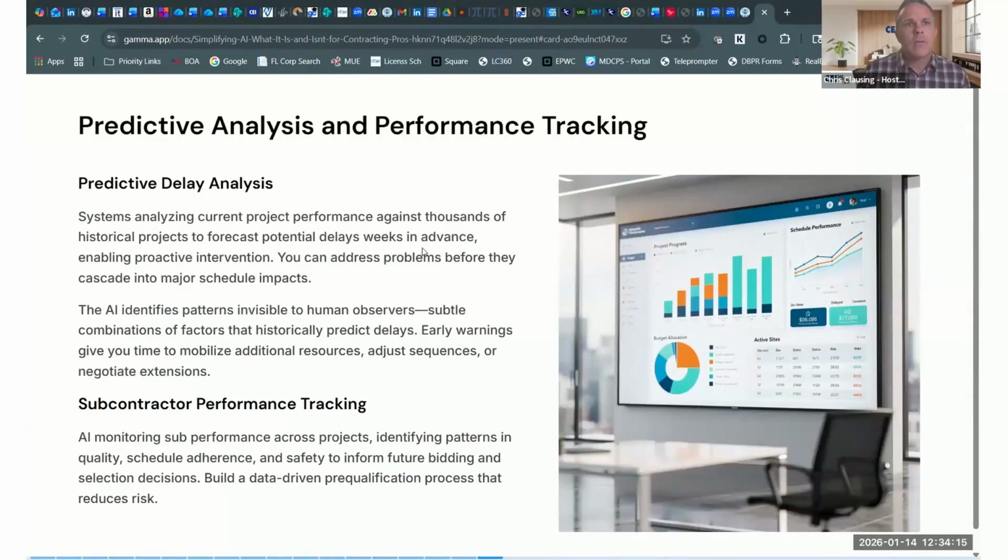And then predictive analysis, performance tracking. So we've kind of already talked about this a little bit, but systems that analyze project performance against historical data. And I think as a small business, one thing that is a major challenge for all of us is we just don't have enough time, right? It'd be great to be able to have a post-project audit or review.